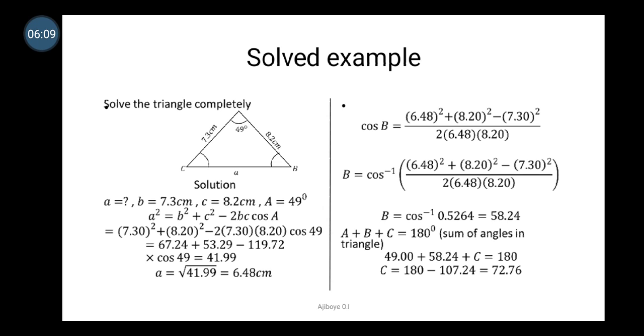Already given the parameters, side A is unknown, side B is given as 7.3, side C is given as 8.2, and angle A is given as 49 degrees.